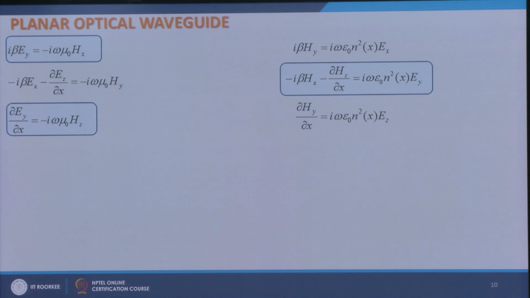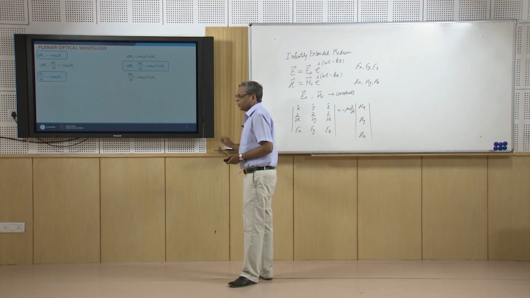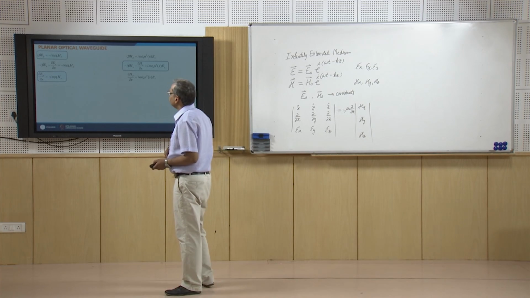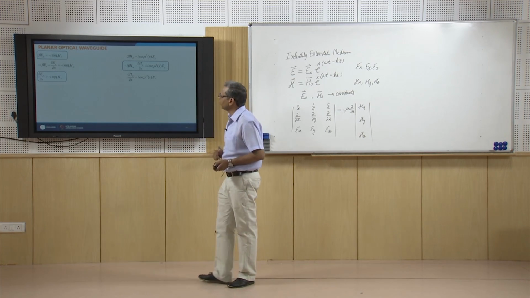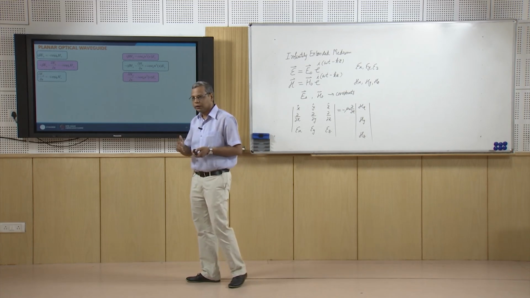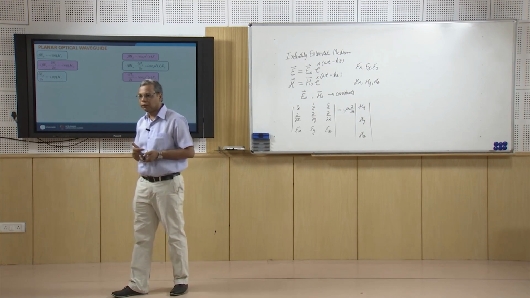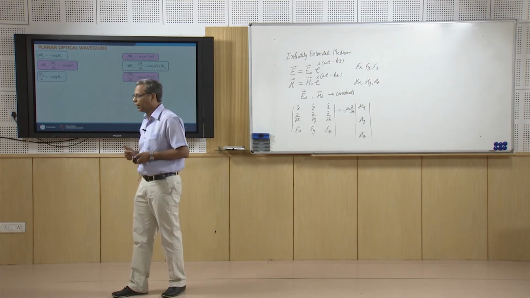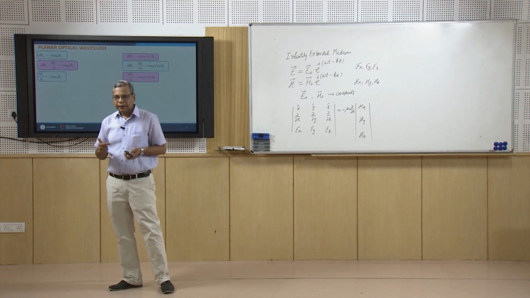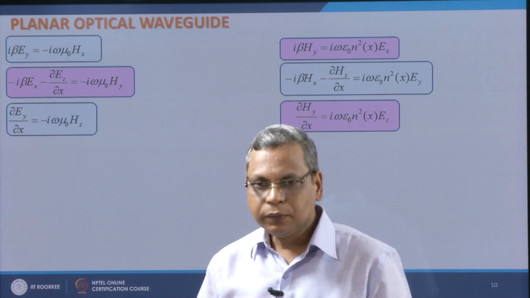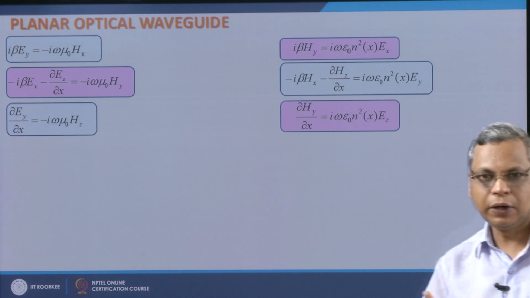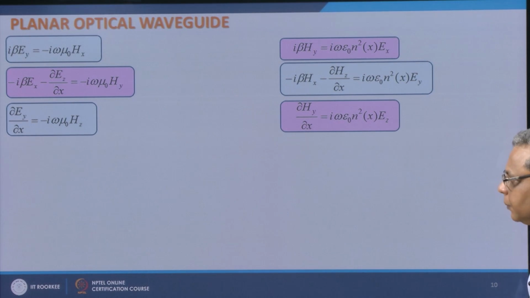So, if I launch a y polarized wave, I invoke these 3 equations, and when I launch x polarization, I invoke these 3 equations. So, 3 equations can be invoked at a time. This gives me room to simplify the problem, because I now need to consider only 3 equations at a time.